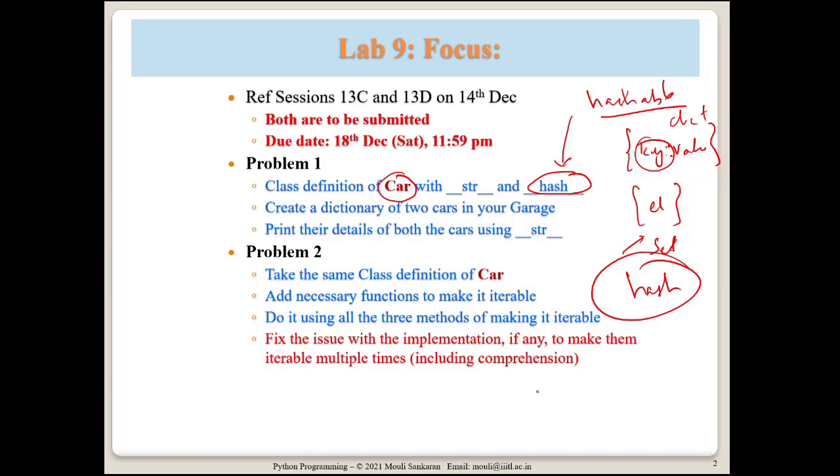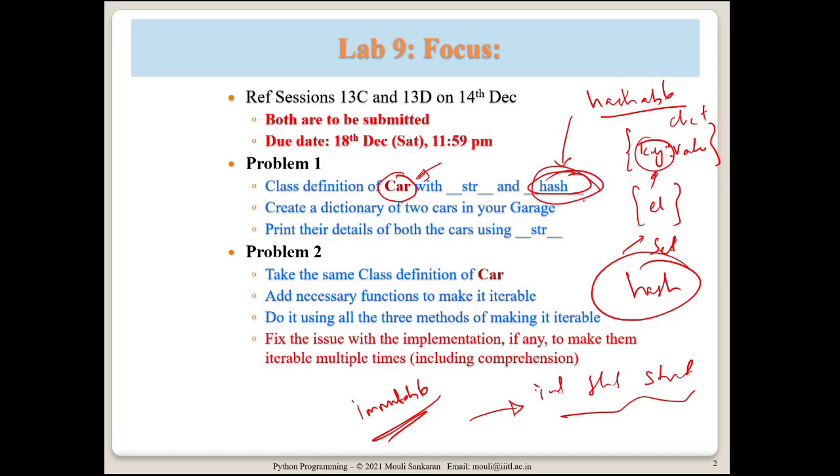Now I said that integer, float, and string are all hashable, and all the objects which are immutable are hashable. Okay, so now if you want to create your own object and you want that to be a key, it has to be hashable.